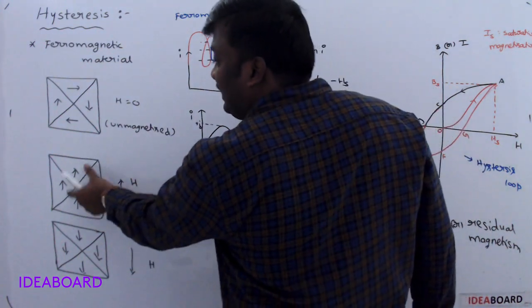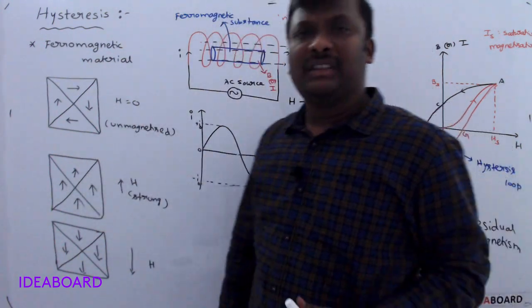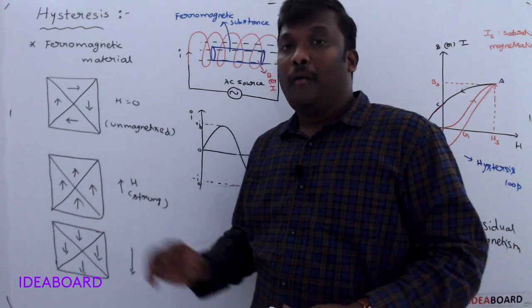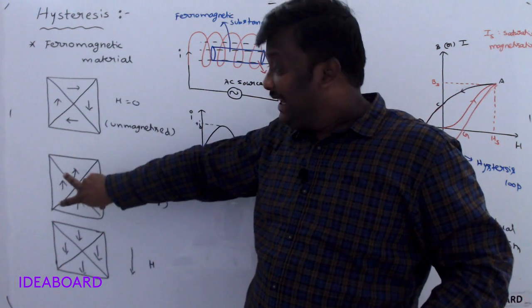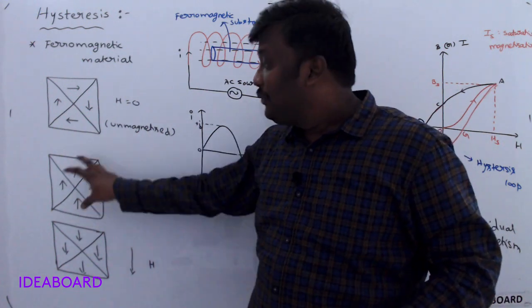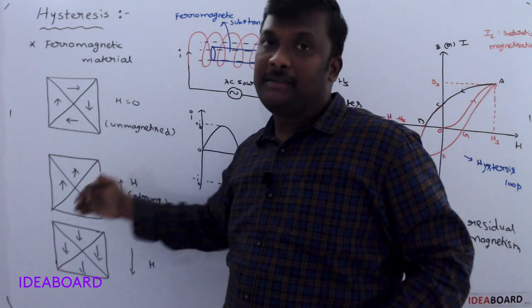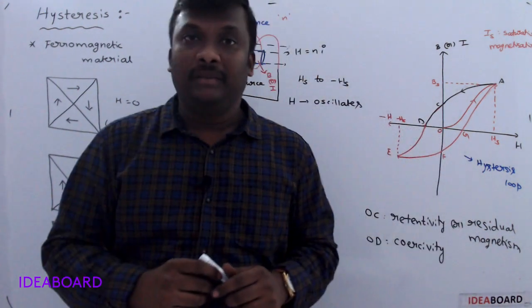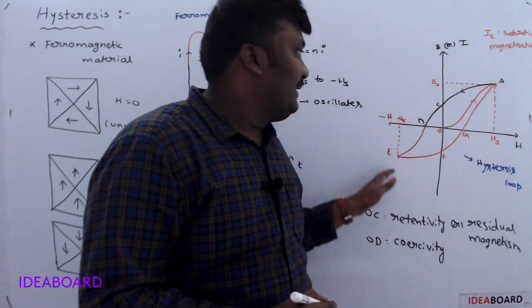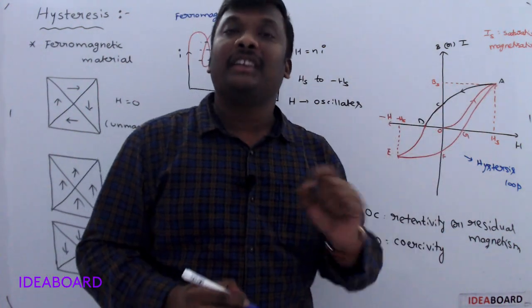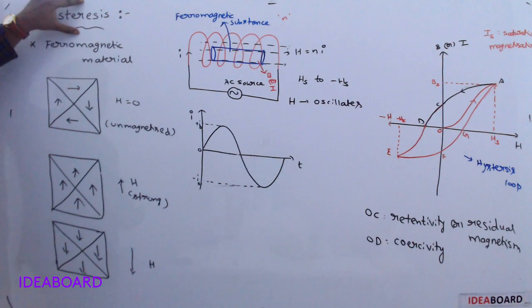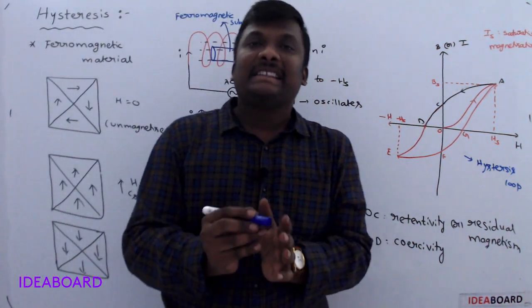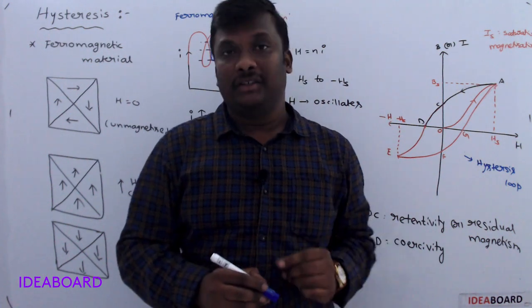For rotation of these domains, they use a certain amount of energy because work has to be done to rotate these domains. So they use a certain amount of energy during this process. So there is some loss of energy for completing this cycle. The loss of energy is named hysteresis. So what is hysteresis? Hysteresis is nothing but loss of energy.